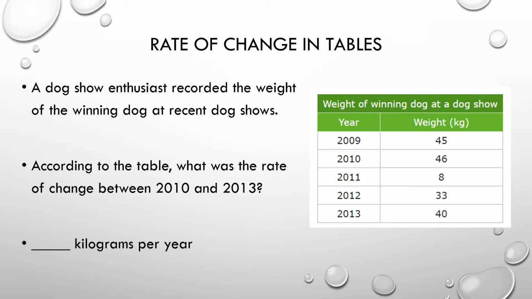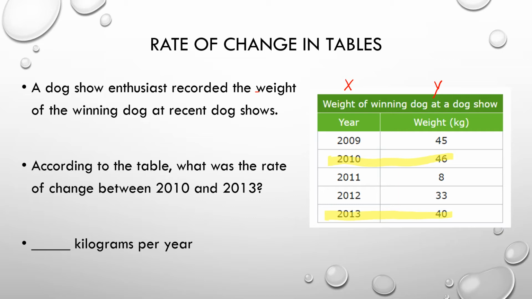Okay, let's look at another one with rate of change in a table. It says a dog show enthusiast recorded the weight of the winning dog at recent dog shows. According to the table, what was the rate of change between 2010 and 2013? In our table we have our x values and our y values, and we're comparing 2010 and 2013.